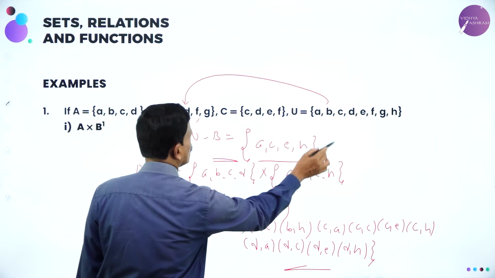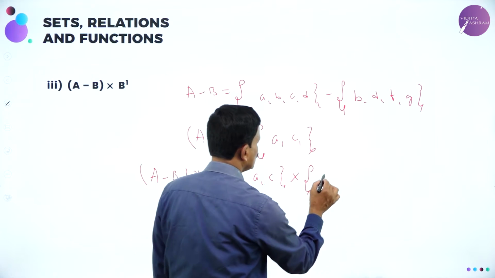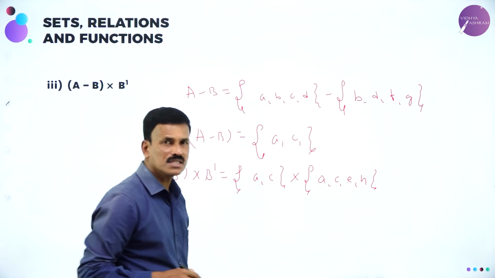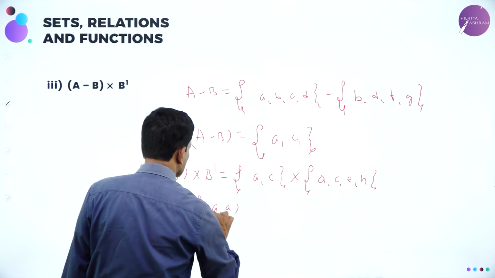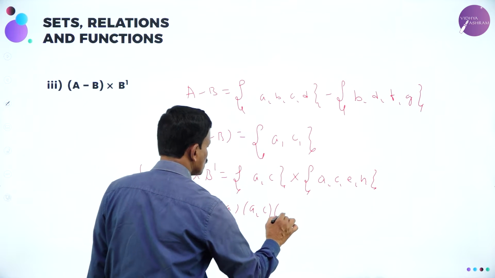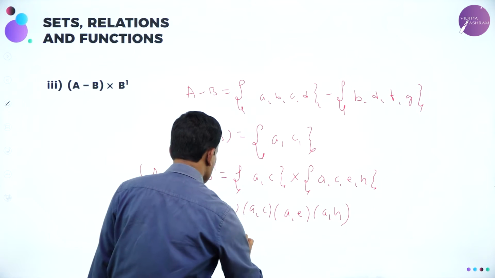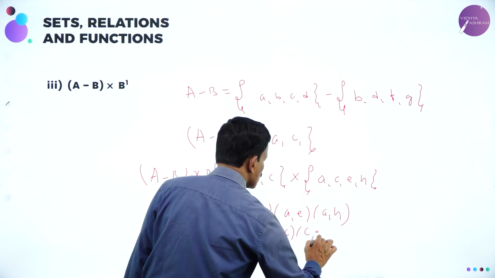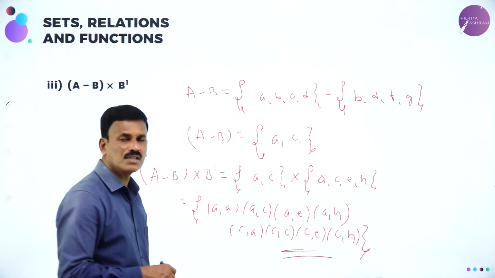These are the elements of B dash: A, C, E, H. Simplify this. This is equal to A comma A, A comma C, A comma E, A comma H. Next, C comma A, C comma C, C comma E, C comma H. This is the required answer.